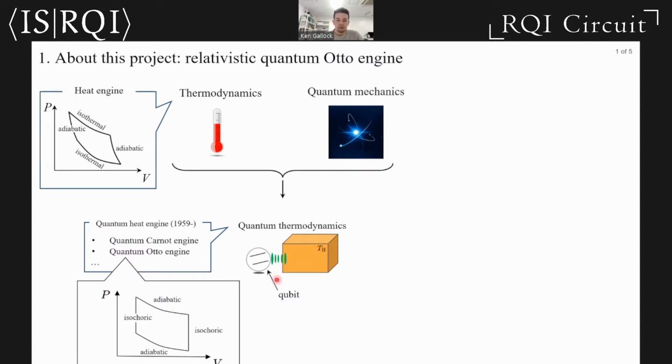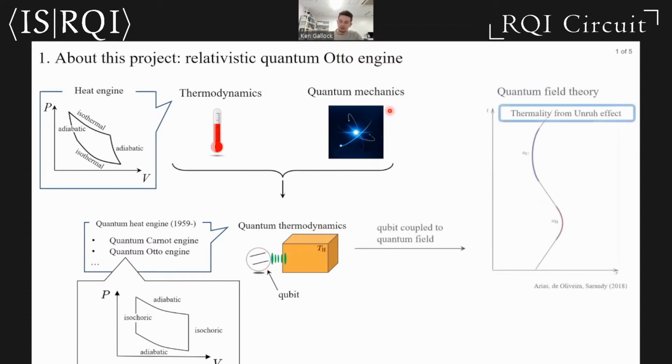So far, these engines are in the context of quantum thermodynamics, and typically people consider them in the context of quantum mechanics. Now, one might ask, what happens if you introduce quantum field theory? In this case, your qubit is now immersed in a quantum field.